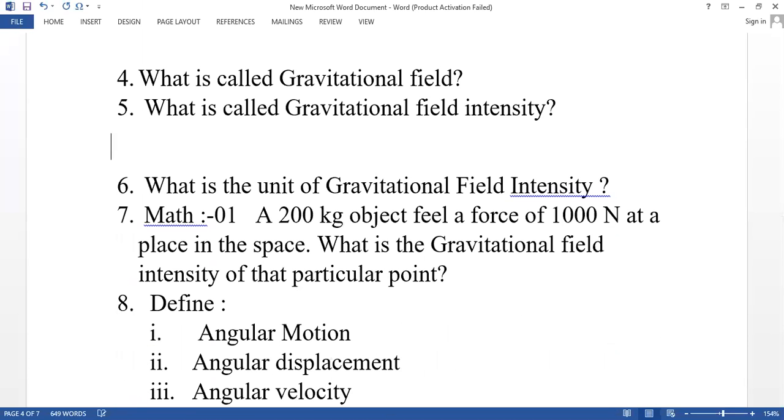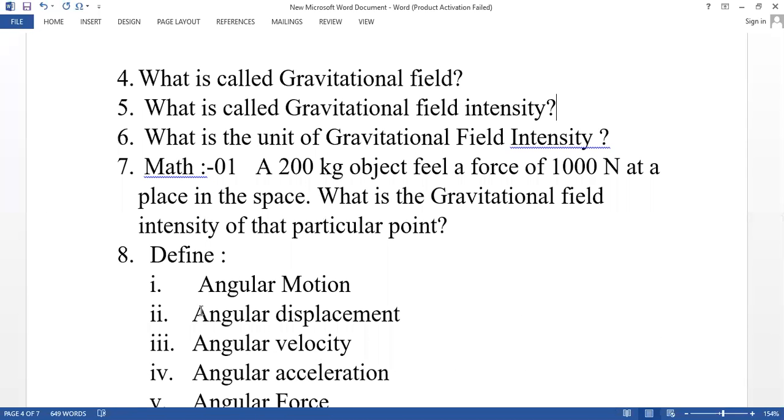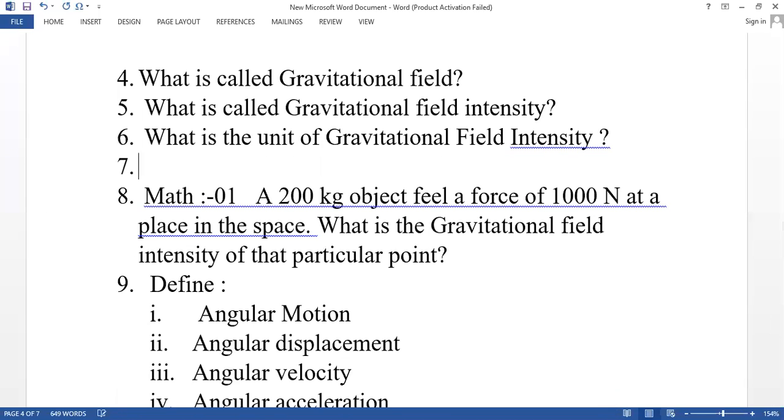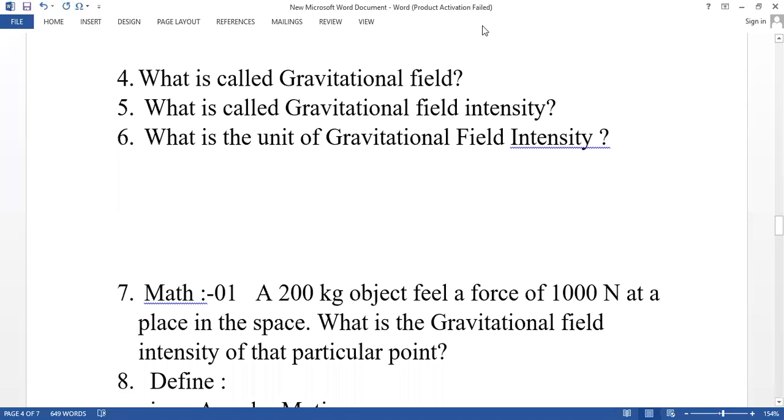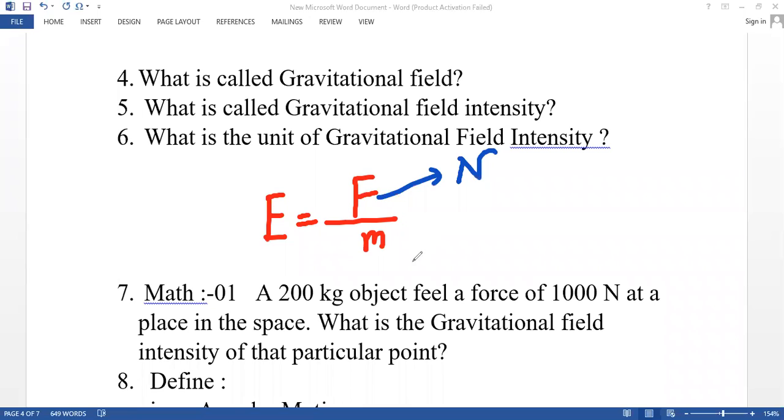So, what is the unit of gravitational field intensity? Since the gravitational field intensity E equals force divided by mass, its unit will be Newton per kg.